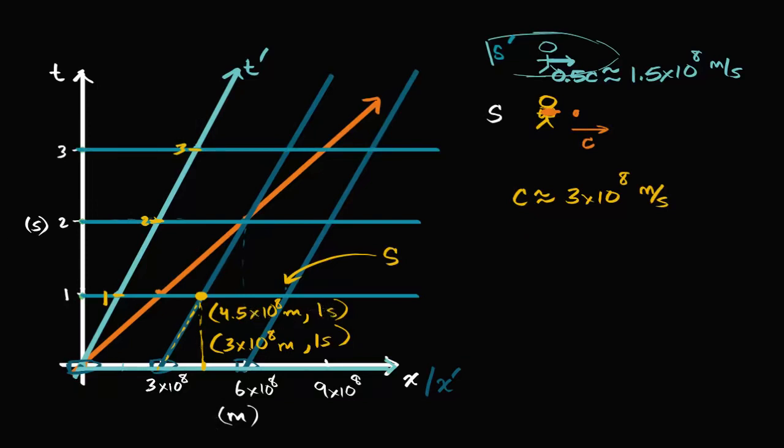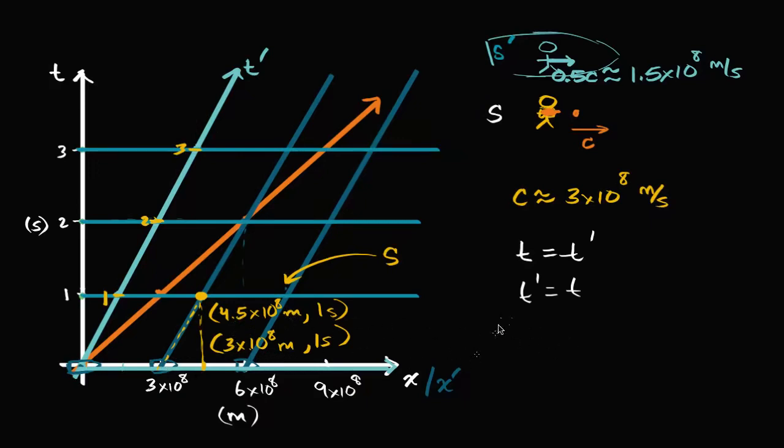Now what's clear at any given point is that t is going to be equal to t prime. Or we could say t prime is equal to t, either way. But what's the relationship between x prime and x? Well, let's think about that for a second. When x is 4.5 times 10 to the 8th meters, x prime is 3 times 10 to the 8th meters.